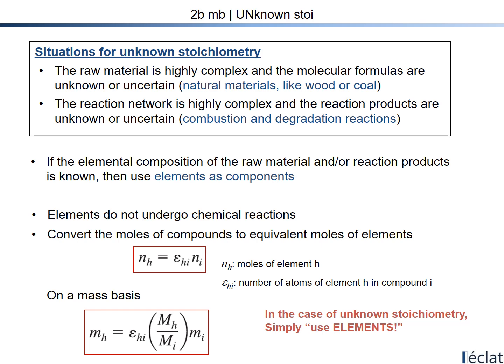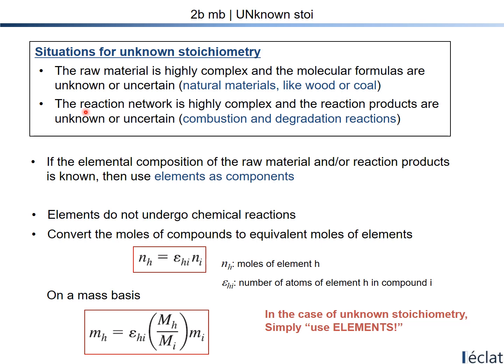Until now, we have solved the problems having stoichiometric coefficients in the balanced chemical reaction equation. From this slide, I'd like to talk about examples having no stoichiometric coefficients, without the balanced chemical reaction equations. Situations for unknown stoichiometry: the raw material is highly complex, and the molecular formulas are unknown or uncertain, like natural materials containing wood or coal.